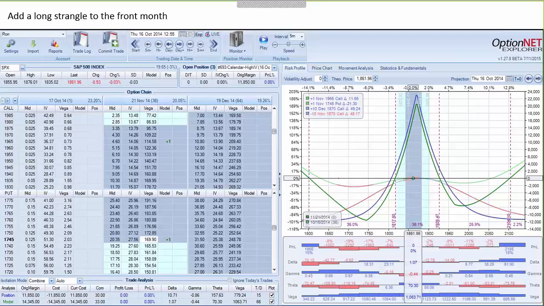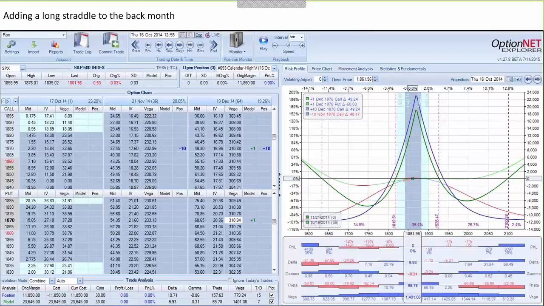The second option is similar, and you can see the risk graph looks pretty similar, but what you do here is add a straddle at the same strike as the calendar, but in the back month, okay? And in a ratio here. So I'm only adding a single straddle here at the same strike as our calendar, right? So this is 1870, and this is 1870, okay? And you can see it flattens out our T plus 0 quite nicely.